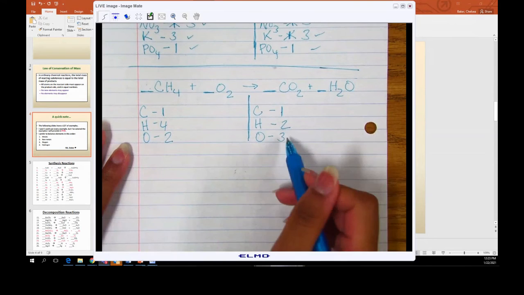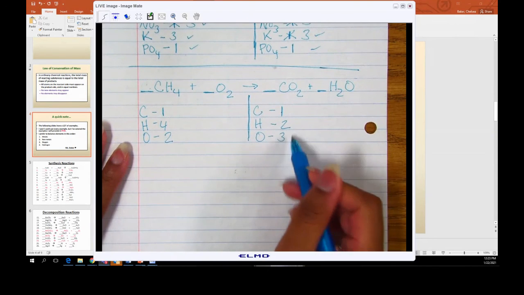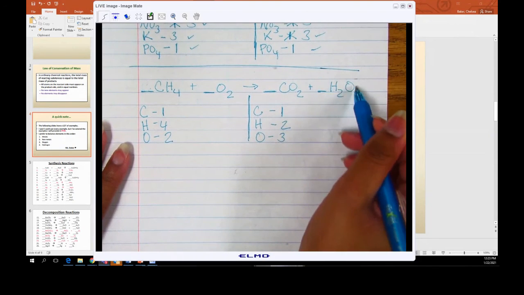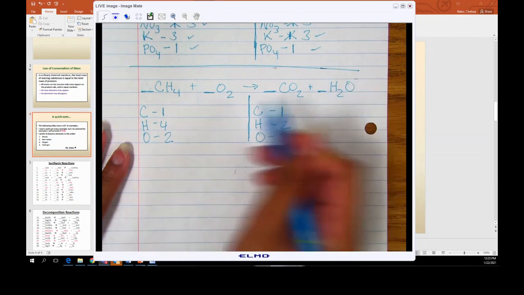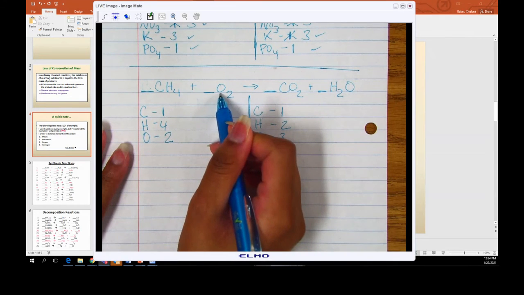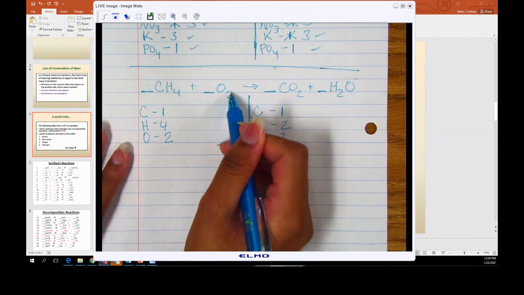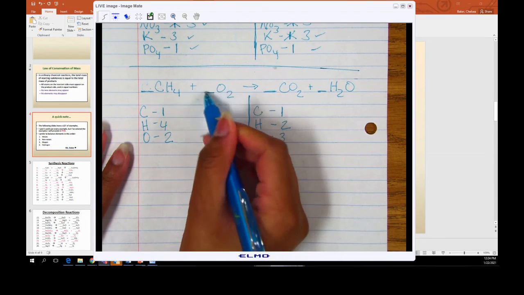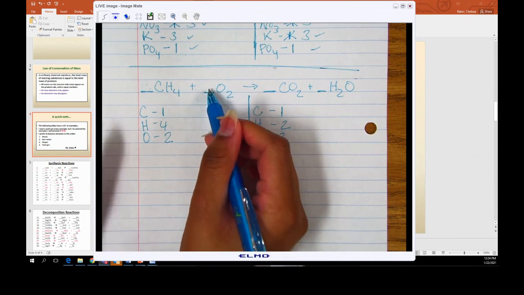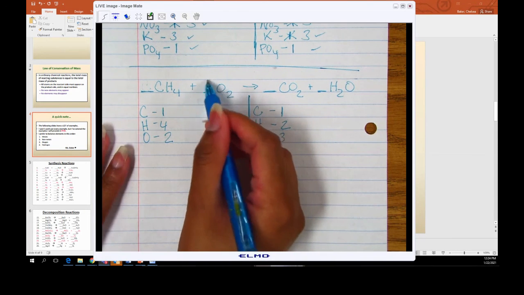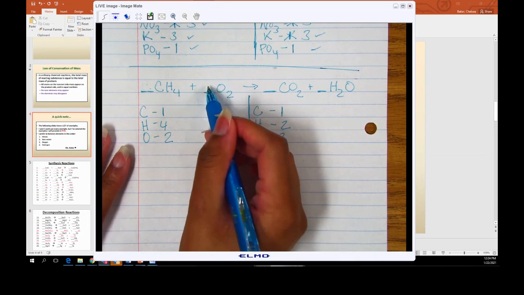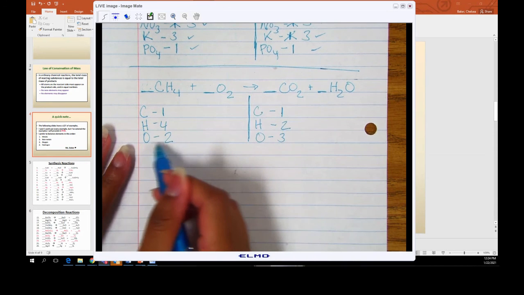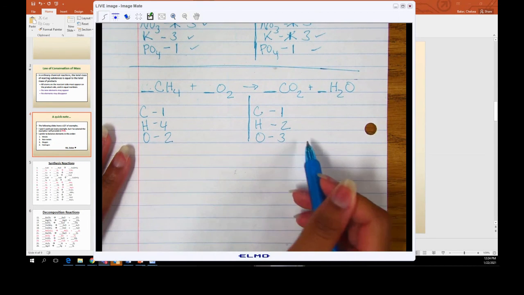Notice that I've got an odd number over here, and that's because I've got this single oxygen. But on this side, on my reactant side, I have an oxygen with a 2 as its subscript. There is no whole number possible that I could place in this blank that would make the number of oxygens on my reactant side an odd number.